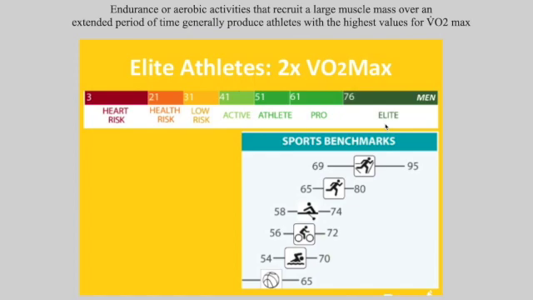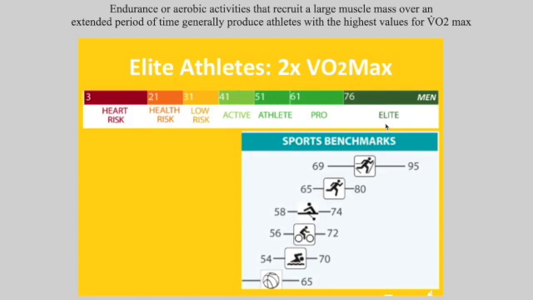Now, endurance or aerobic activities that recruit a large muscle mass over an extended period of time generally produce athletes with the highest values for VO2 max, such as cross-country skiers and distance runners, who typically have the highest reported VO2s.